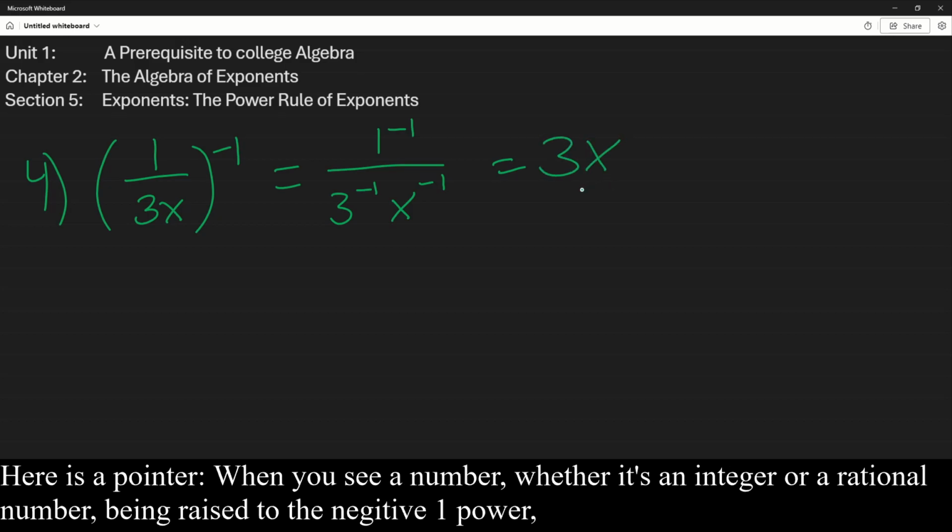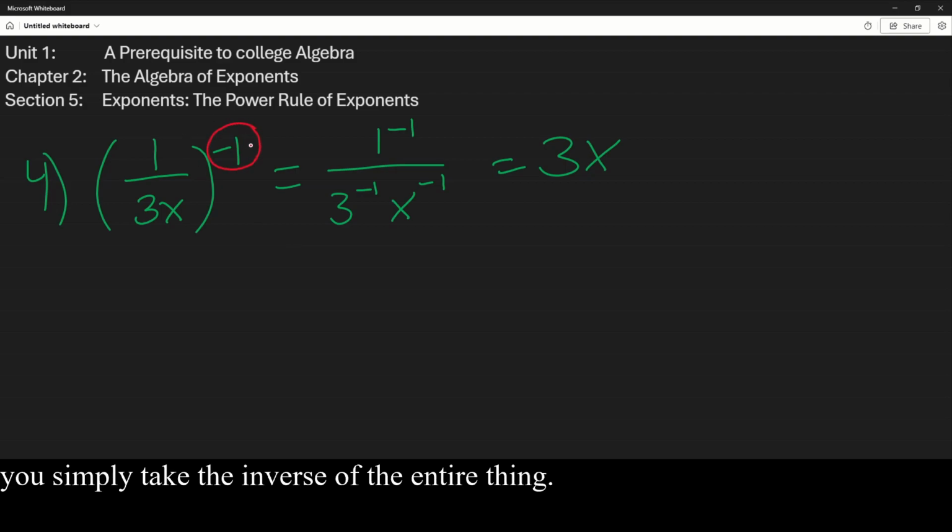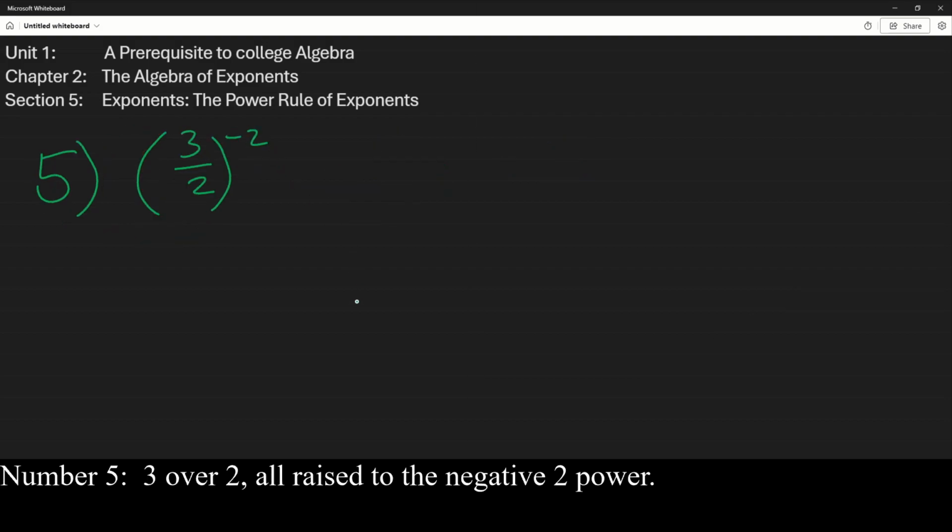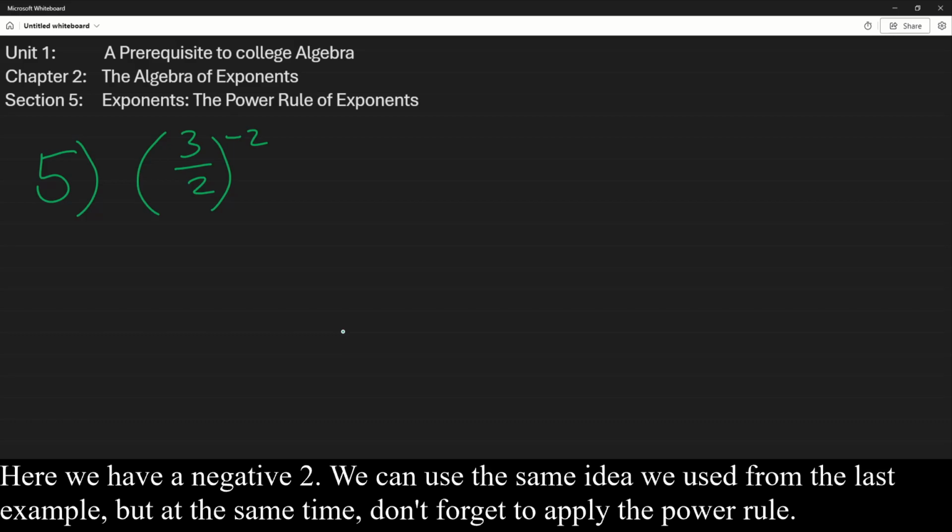Here is a pointer. When you see a number, whether it's an integer or a rational number, being raised to the negative 1 power, you simply take the inverse of the entire thing. Number 5, 3 over 2 all raised to the negative 2 power. Here we have a negative 2.